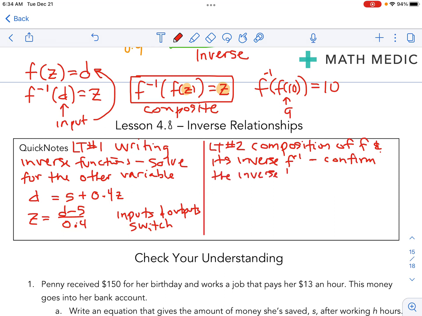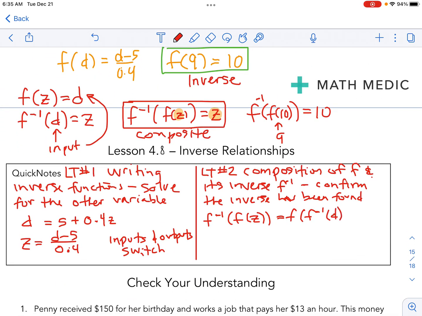This is to confirm the inverse has been found. So in other words, if we write a composition, that means we're taking the inverse and putting it into the original function, f of z in this case. Or we could do the other way around. We could start with the original function and put in the inverse.